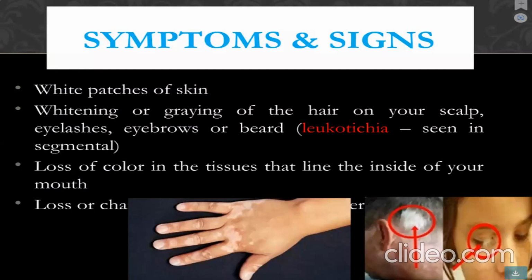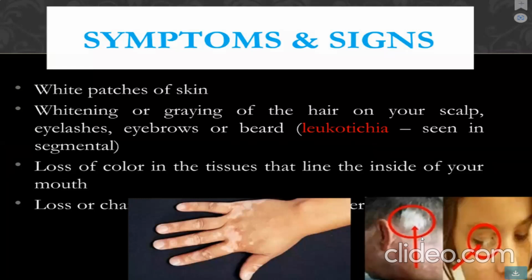Then symptoms and signs. White patches of skin, whitening or graying of the hair on the scalp, eyelashes, eyebrows, or beard. The graying of the hairs is called leukotrichia, which is seen segmental.